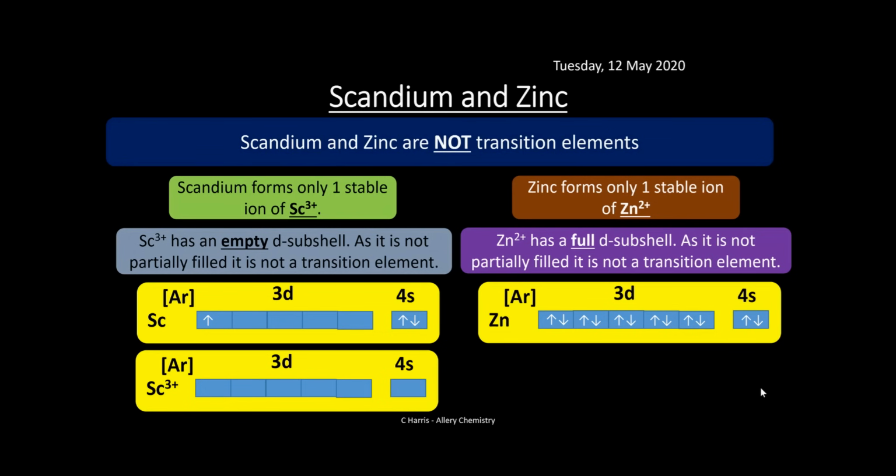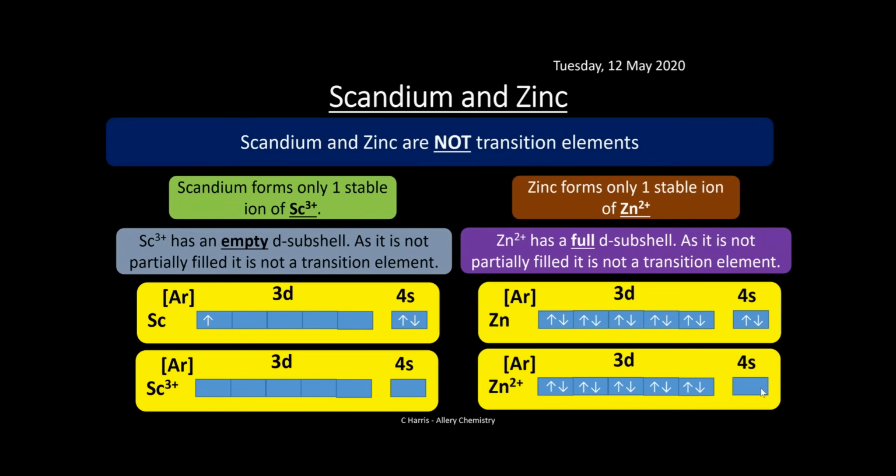It's the ions that we're looking at here. Zinc has a full 3d subshell and a full 4s subshell. When we take the 2 electrons away, and you'll see this later as well, we take them from the 4s orbital first, and this still leaves a full 3d subshell for zinc 2+. So that means it is not a transition element because it doesn't form a partially filled d subshell.